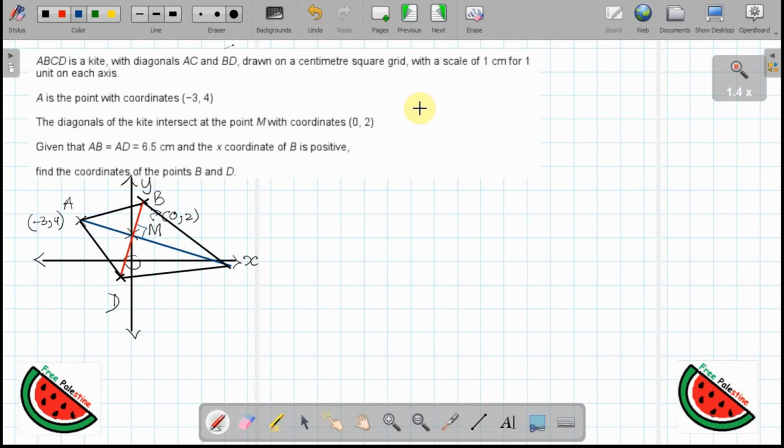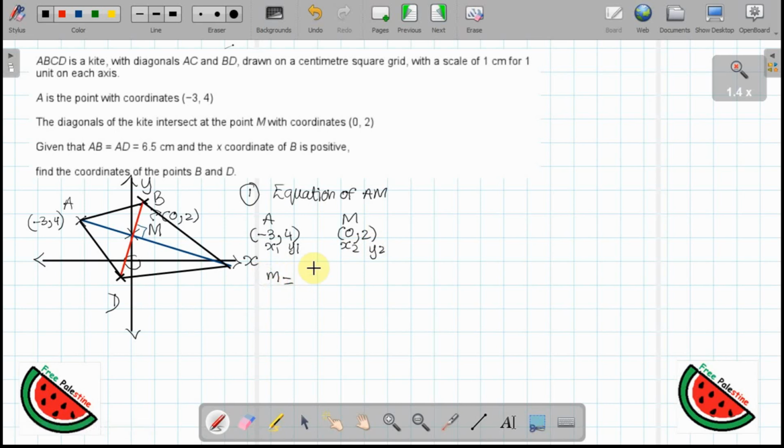I'm going to start off over here. I'm going to number these steps as I go along because there's going to be a lot of steps. So number one, first, the equation of AM. A has the coordinates minus 3, 4, and M has the coordinates 0, 2. I'm going to label this x1, y1, this one x2, y2.